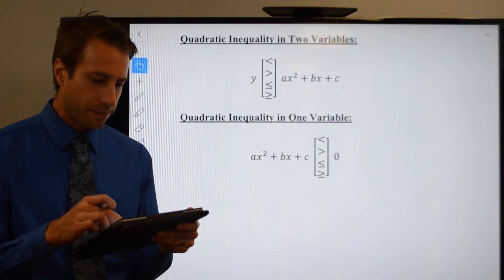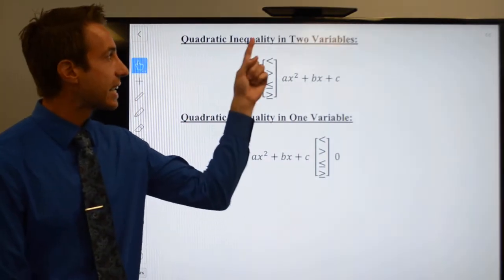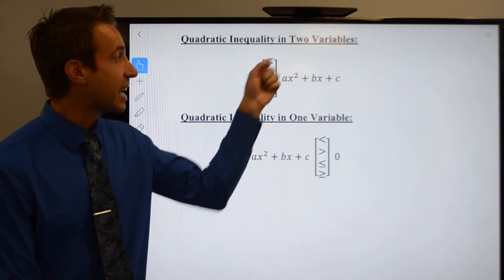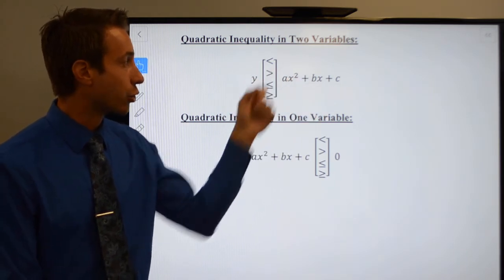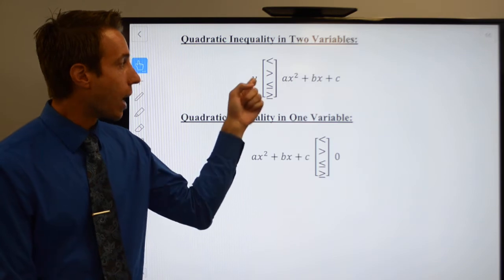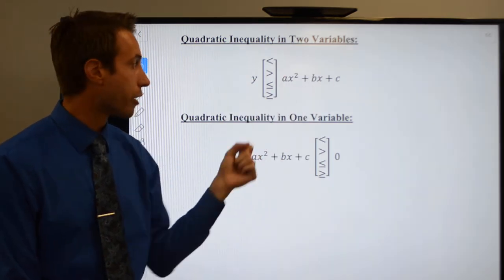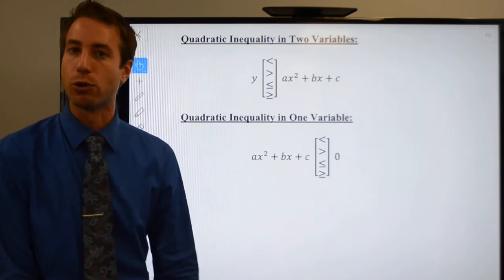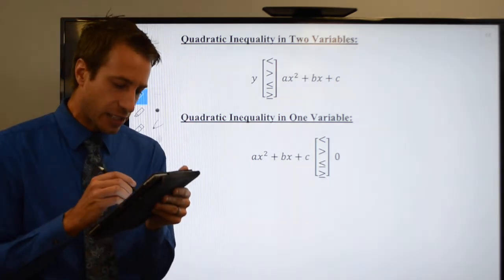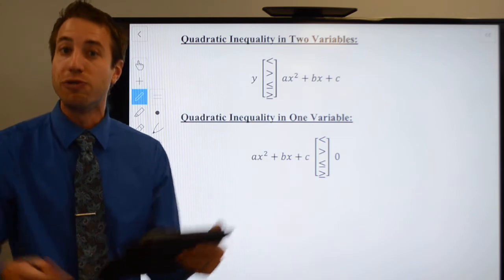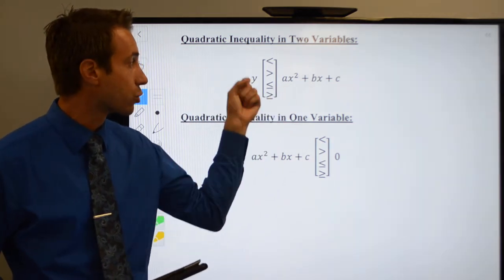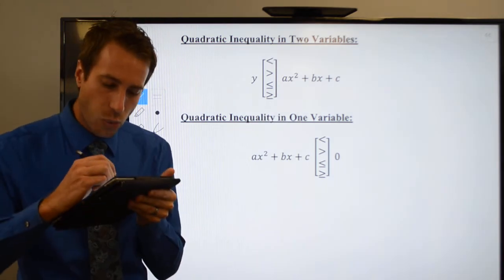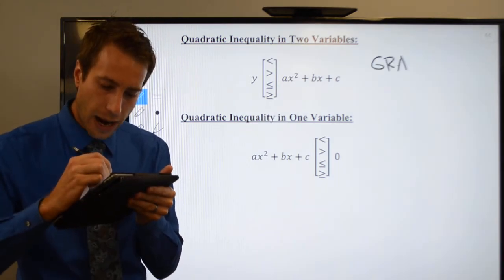So we have a quadratic inequality with two variables. I'll have y less than the quadratic, y greater than the quadratic, y less than or equal to the quadratic, or y greater than or equal to the quadratic. It could be any one of those four things. Because it's two variables, anytime you have y and an inequality of a quadratic, they're going to want you to graph.